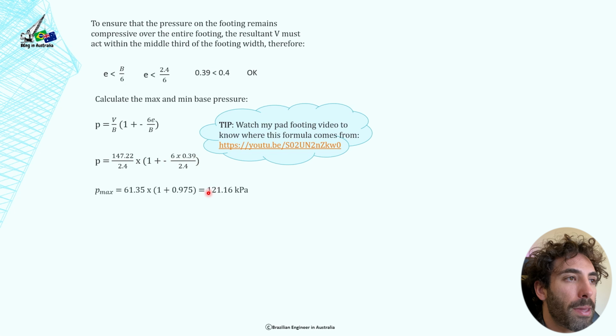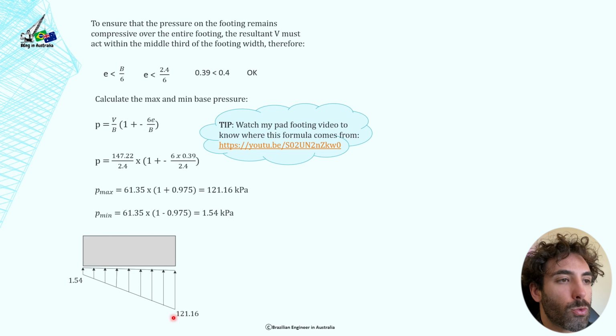And then we've got P max and P minimum. For P max, we add that number, and for P minimum, we subtract that number. So we've got that our maximum pressure is 121.16 and the minimum pressure is 1.54 kPa.